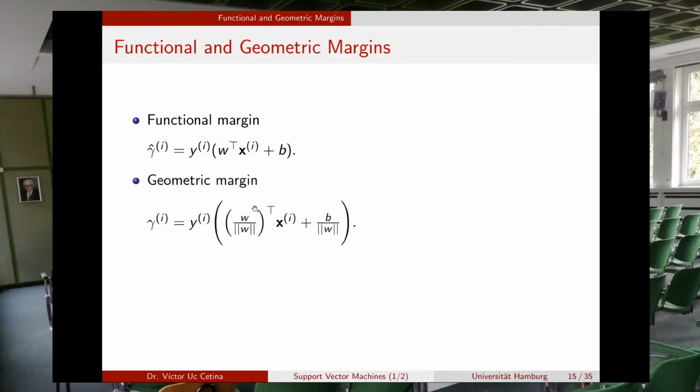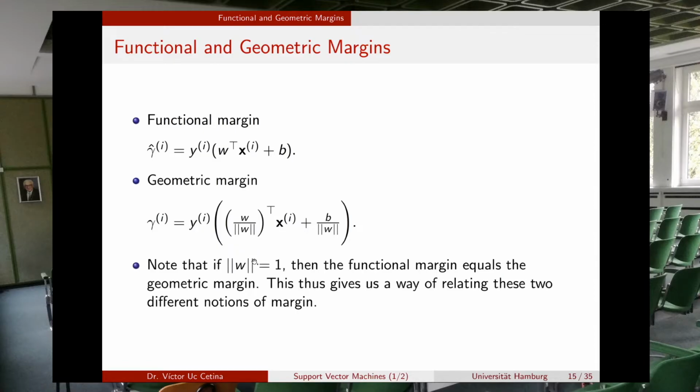So if you see, the only difference between these is the denominator here, where you have the norm of w. Therefore, if we make this norm to be 1, both margins are the same. The functional margin then will be exactly the geometric margin, if we consider this condition, that the norm of w is 1.